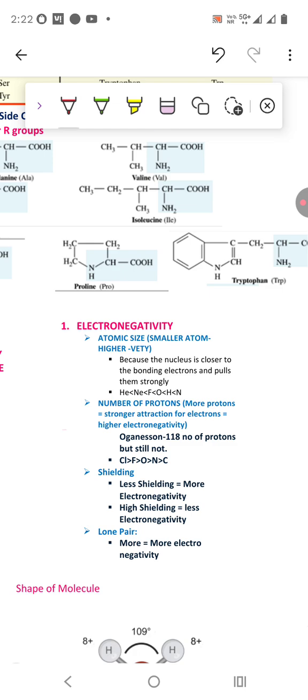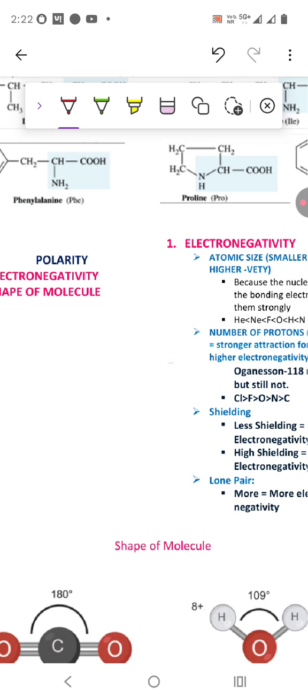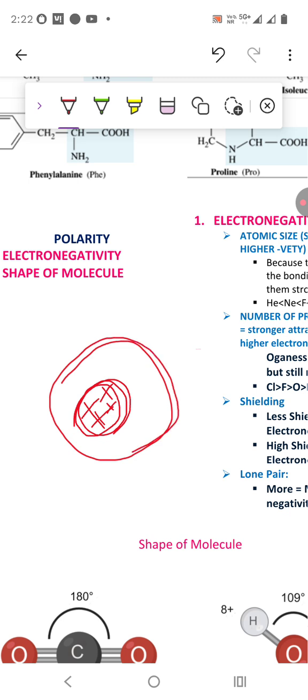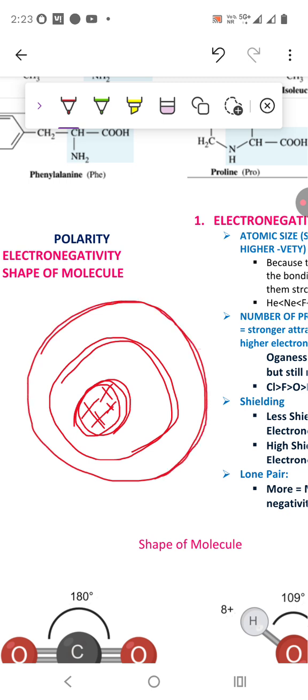What is shielding? Look closely here. Let's say this is a nucleus. A nucleus contains protons. Protons are positively charged particles, isn't it? Around the nucleus, the 1s shell is there. Then there are the 2s and 2p shells.